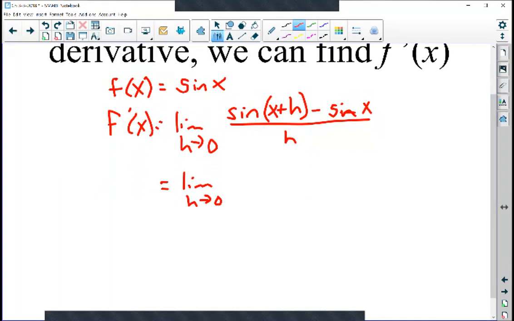So sine of x plus h, that's one of our great trig identities.